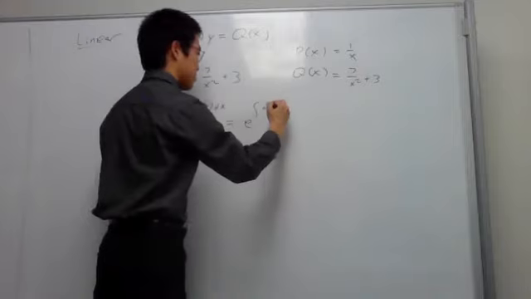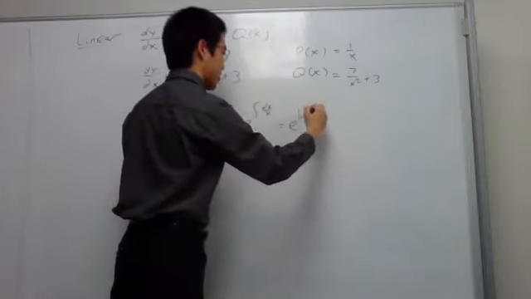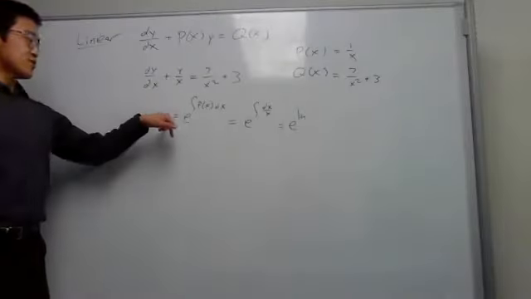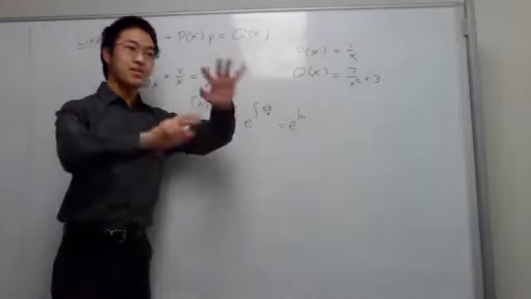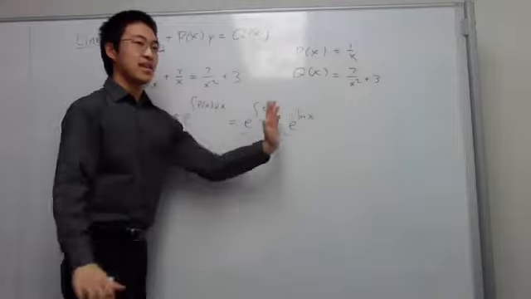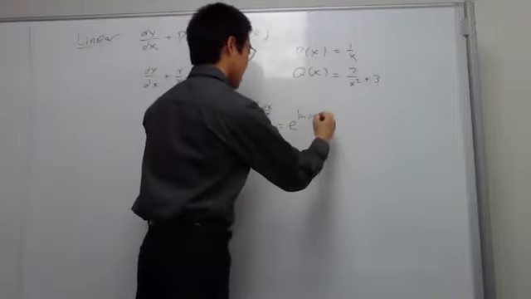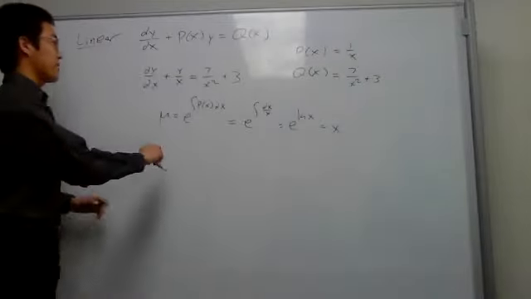It's x over x, natural log. Now, again, this is just the integrating factor. We don't care about the explicit. We don't care about the most general. We just need something. So that's why we don't have to worry about including the absolute value bars here. And so that is achieved because it's really easy. It's just x.